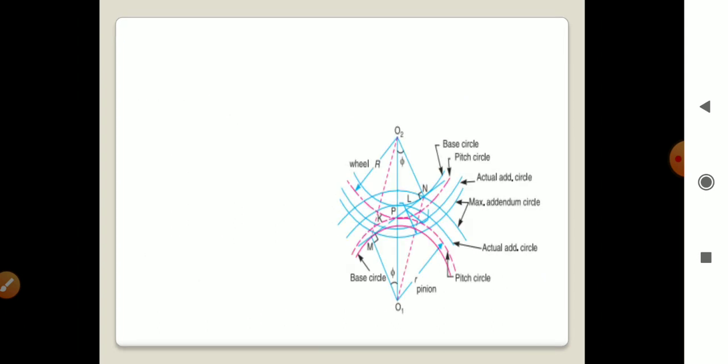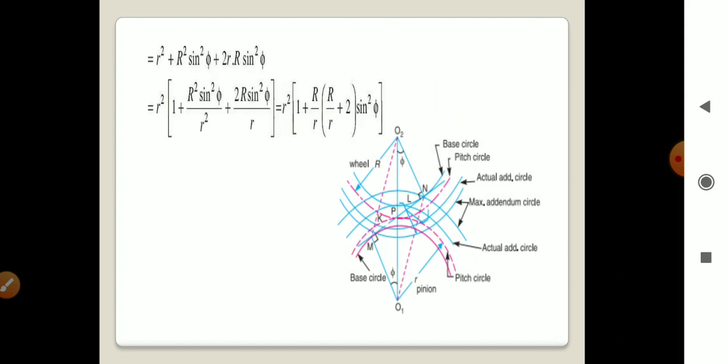Now if we solve this equation, we get small r square plus capital R square sine square of phi plus 2 small r into capital R into sine square of phi. We convert sine phi into cos of 90 plus phi: the cos of 90 plus phi is minus sine phi, and sine phi into sine phi gives sine square of phi.